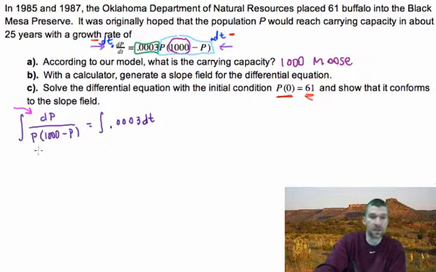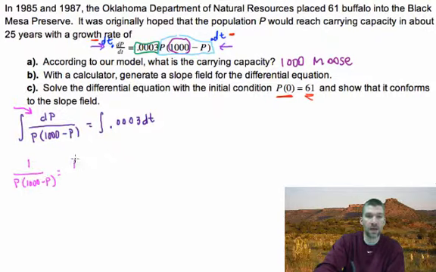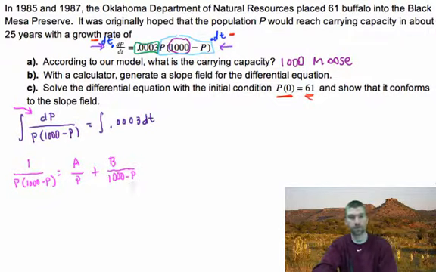So this is going to be 1 over p times 1,000 minus p equals a over that first p plus b over 1,000 minus p. Okay?